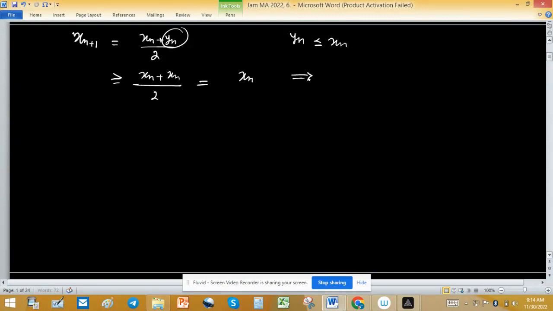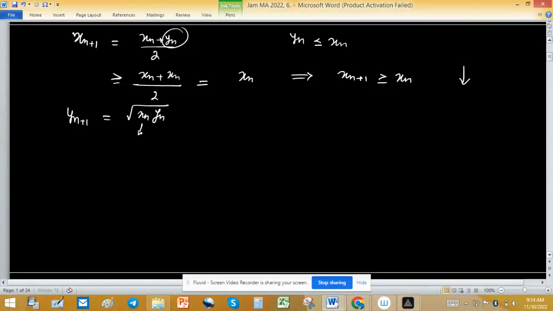From this we have x_{n+1} less than or equal to x_n, means the sequence x_n is monotonic decreasing.